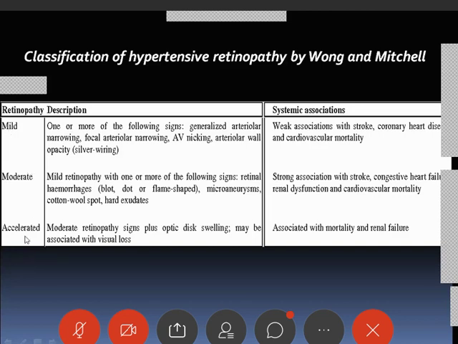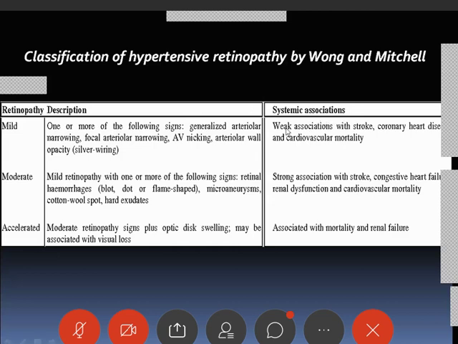In mild retinopathy, there are one or more of the following signs: generalized arteriolar narrowing, focal arteriolar narrowing, AV crossing changes, and arteriolar wall opacity like copper wiring or silver wiring.